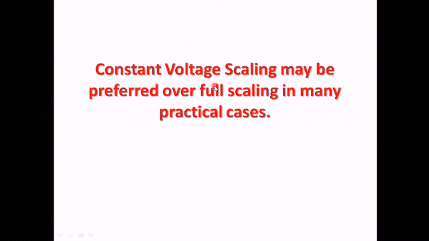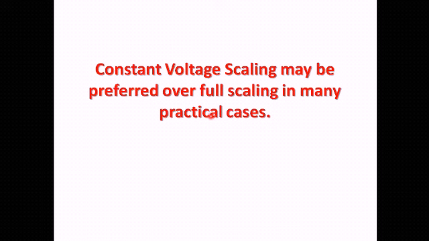Constant voltage scaling may be preferred over full scaling in many practical cases. That is a summary. So how is this statement true? Let us see. It may be recognized, however, that constant voltage scaling increases the drain current density and the power density by a factor of S cube.